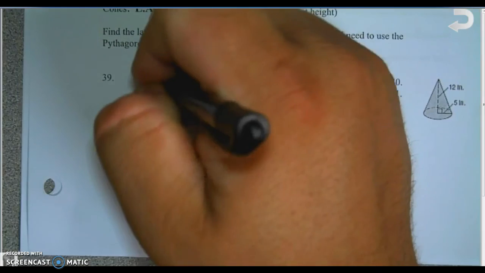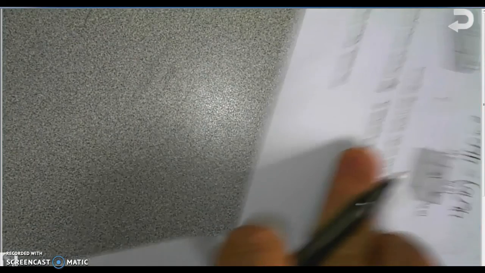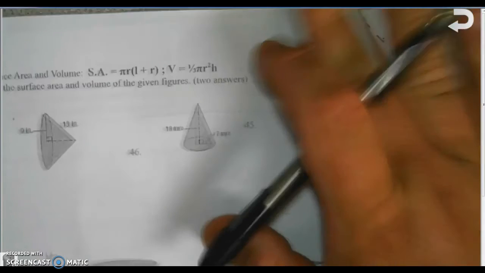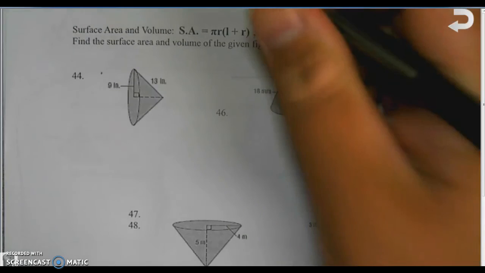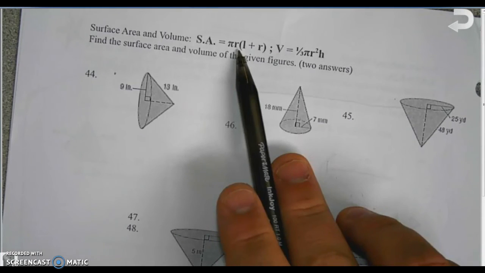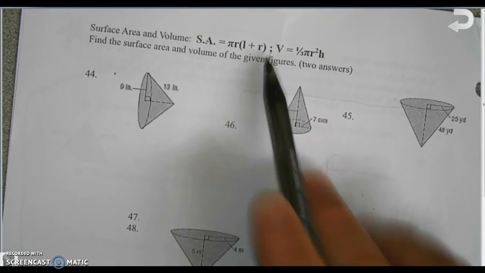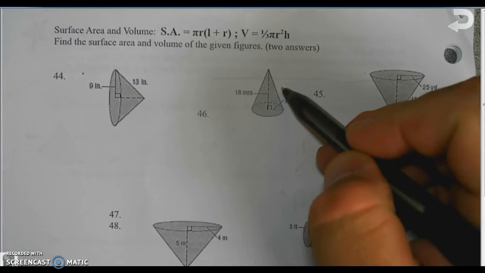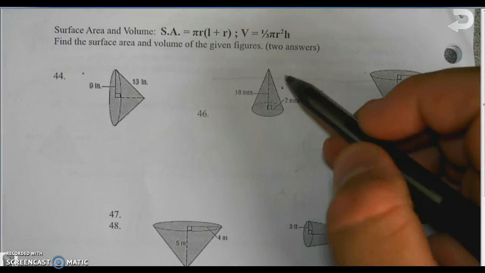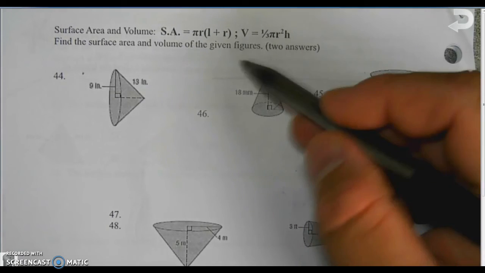And that's the lateral area. Surface area and volume, again, you're going to have 4 answers. You're just plugging in radius, slant height, and radius. Remember, you might have to do the Pythagorean theorem to find the slant height before you can answer, or to find the height.